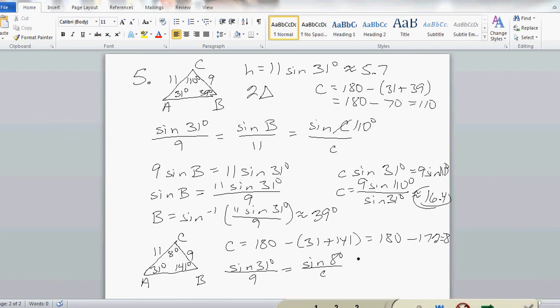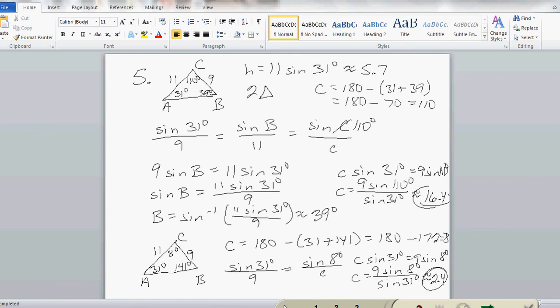And then doing cross products here, c sine of 31 degrees equals 9 sine of 8 degrees. Dividing both sides by the sine of 31 degrees, and rounding, we get 2.4. So the two possible answers are either 16.4 or 2.4.